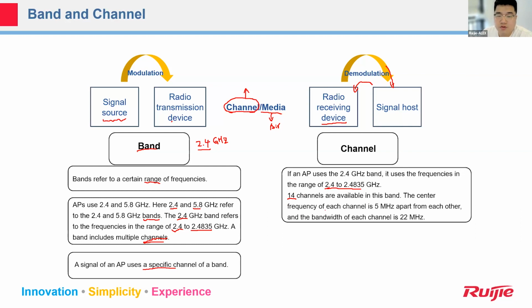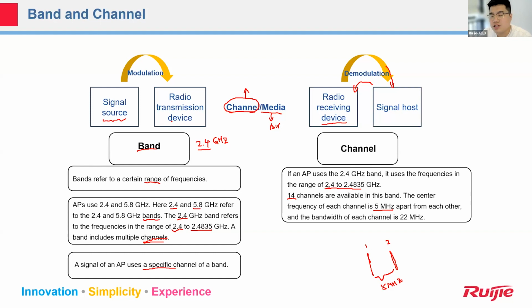The standard frequency of each channel is 5 megahertz apart from each other. So for example, this is channel 1, this is channel 2. Or you can say this is the center of channel 1, this is the center of channel 2, and the frequency difference between them is 5 megahertz. Okay, so the centers of the channels are 5 megahertz apart from each other.